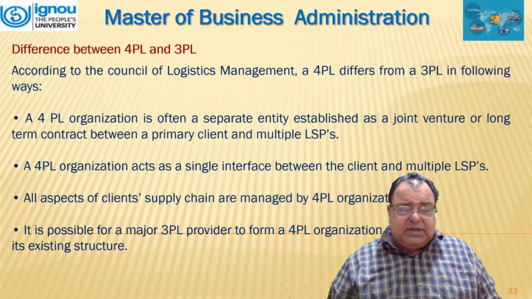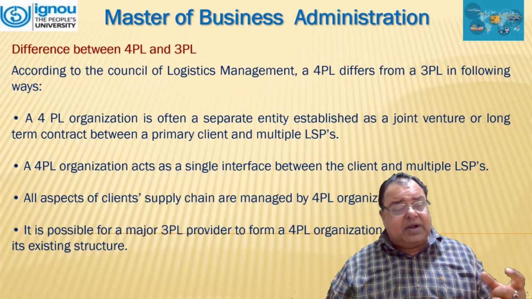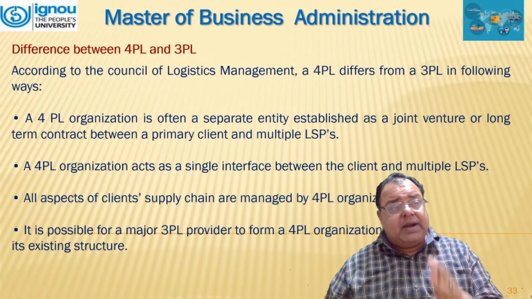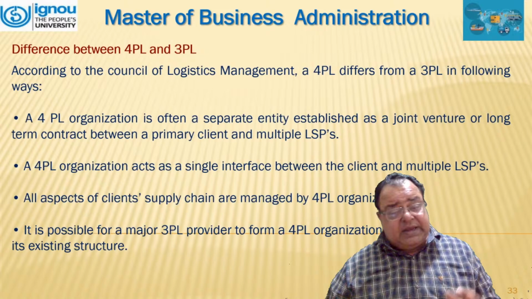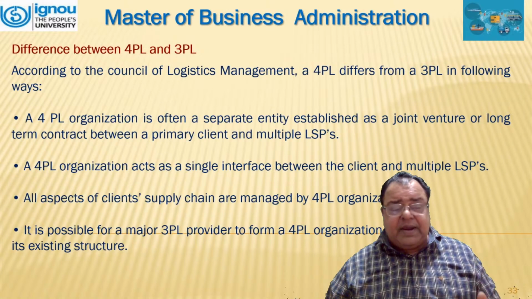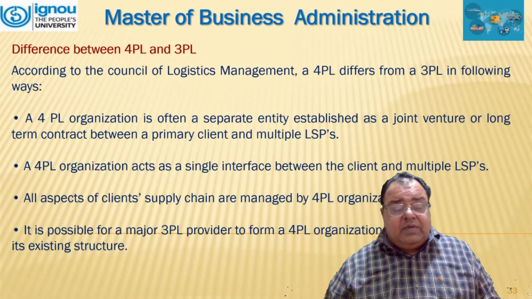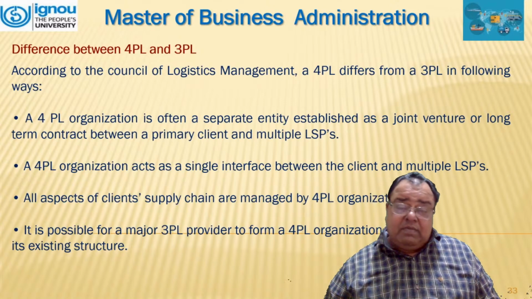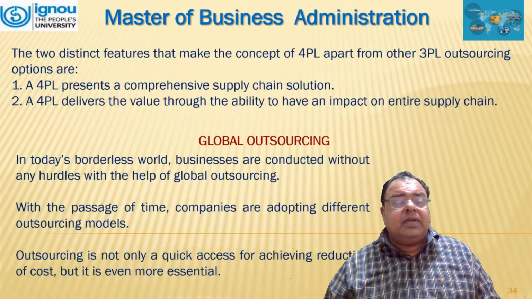A 4PL organization is often a separate entity established as a joint venture or long-term contract between a primary client and multiple LSPs. A 4PL organization acts as a single interface between the client and multiple LSPs. All aspects of the client's supply chain are managed by 4PL organizations. And it is possible for a major 3PL provider to form a 4PL organization within its existing structure.